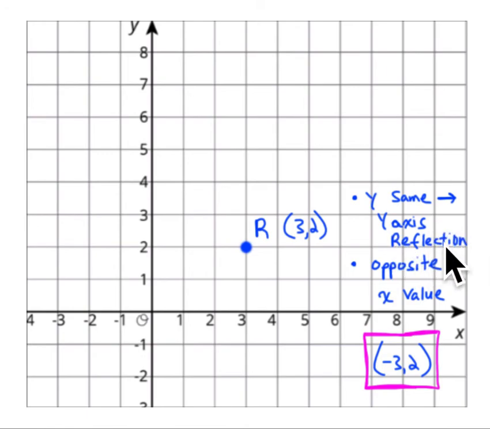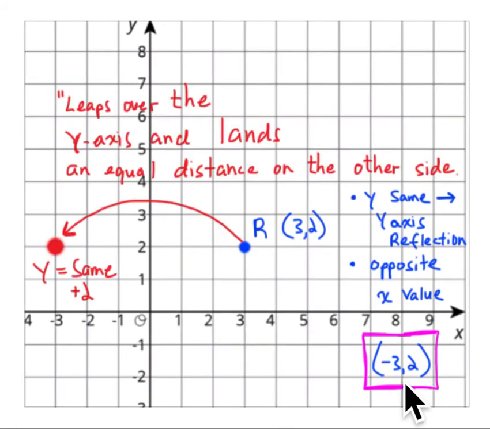So the y-axis is the line of reflection. The y value remains the same. The x value is the opposite. It becomes a negative 3 rather than a positive 3. And I like to think of this as, in essence, jumping over a fence to the other side. You're running up, you hop up, and you jump over, and you always land an equal distance away from the fence on the other side.